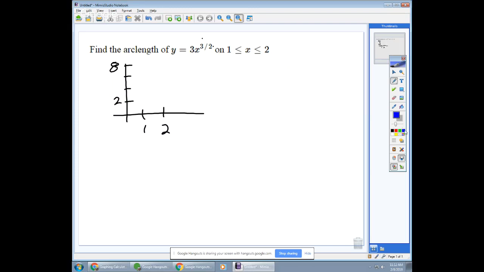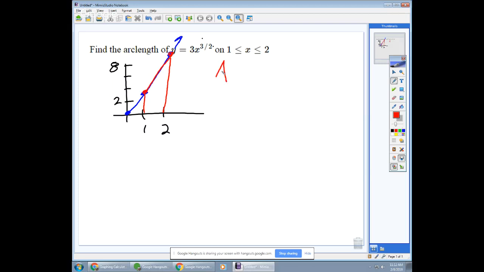My function was 0, 0, 1, 3, and 2, 8.5-ish. All right. And it's got a little curvature at the bottom. It's not really straight. It's up. All right, so just other identifying features. I'm going from here to there, and I'm looking for the arc length. So I want to know what that distance is in there. So no revolution here. I just want to figure out what that arc length is.